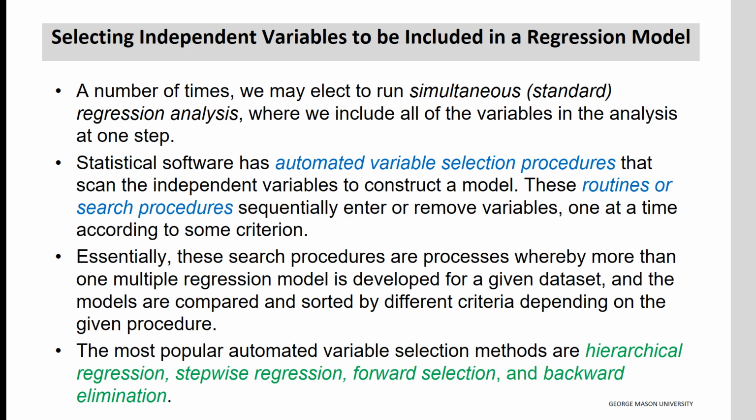Essentially, these search procedures are processes where more than one multiple regression model is developed for a given dataset, and the models are compared and sorted by different criteria depending on the given procedure. The most popular automated variable selection methods are hierarchical regression, stepwise regression, forward selection, and backward elimination.